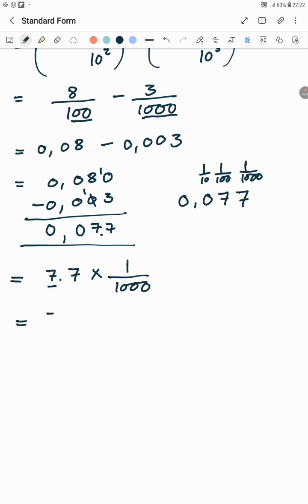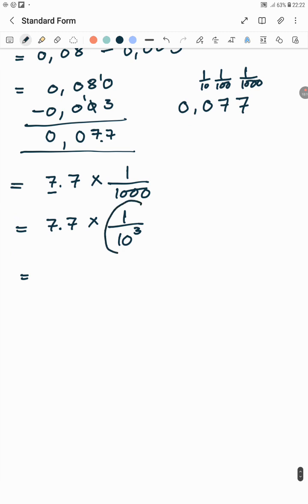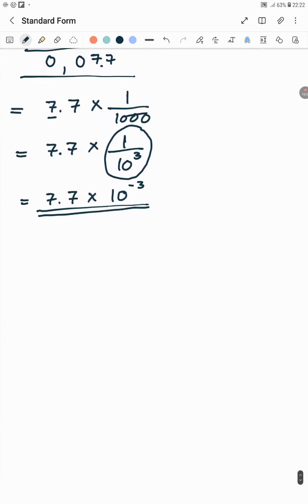And here you're going to get 7 comma 7 times 1 over 10 to the power 3. And if you find the reciprocal of 1 over 10 to the power 3, you're going to get 7 comma 7 times 10 to the power minus 3. So that will be your final answer.